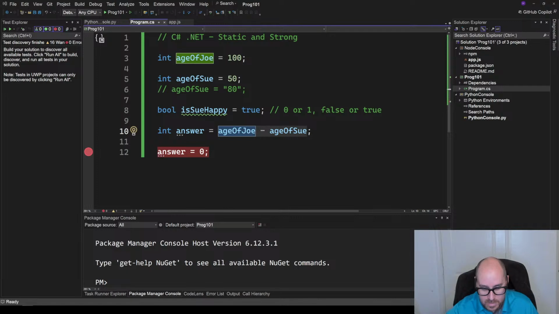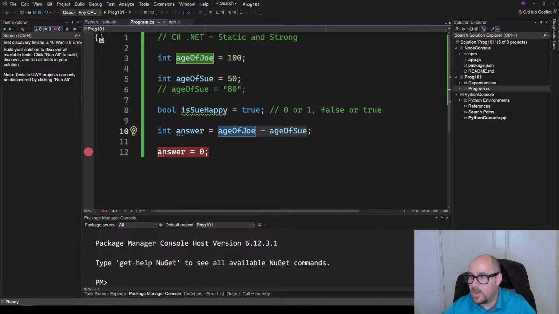Let me see some other things here. Set timed goals.